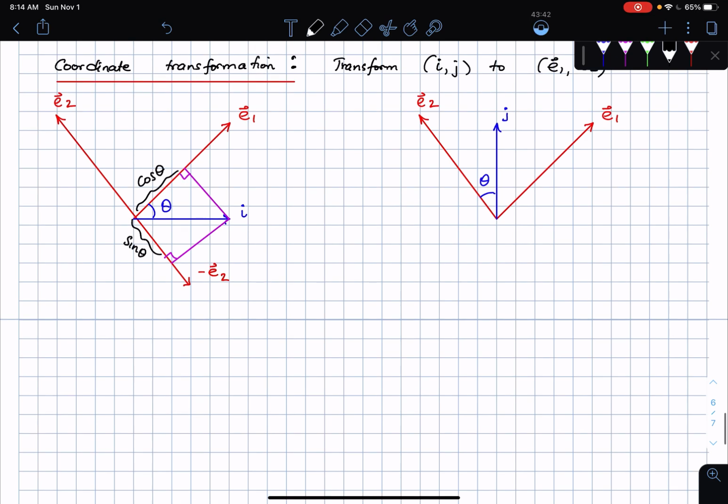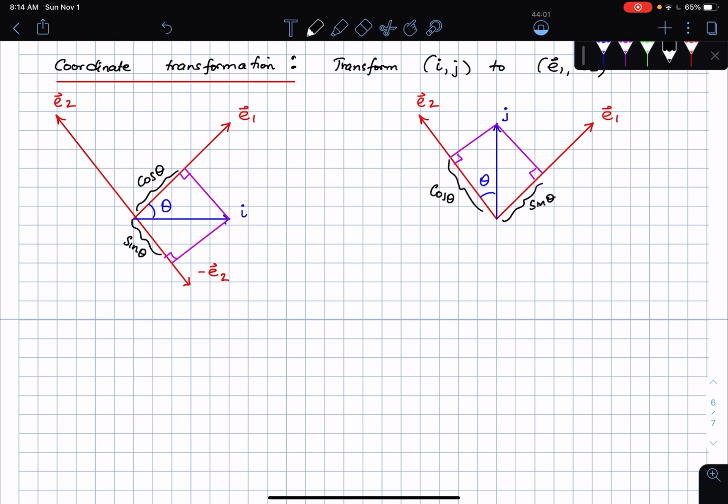And likewise I can do the same thing for the j direction. From the head of j I drop a perpendicular onto E2 positive, and then E1 positive. These are all supposed to be perpendiculars, and then I can say that this is cosine theta and that is sine theta.